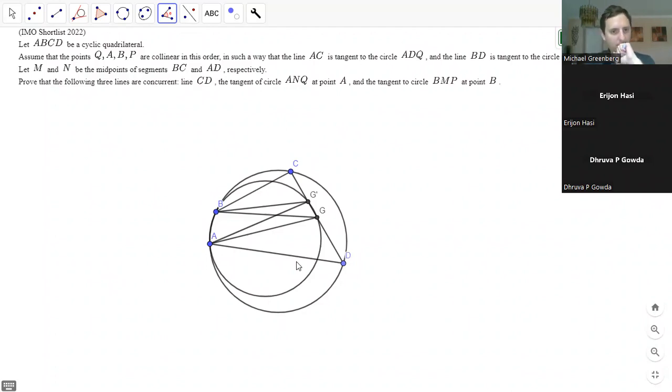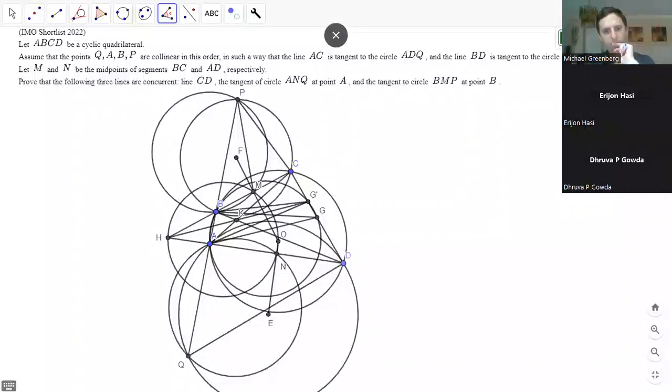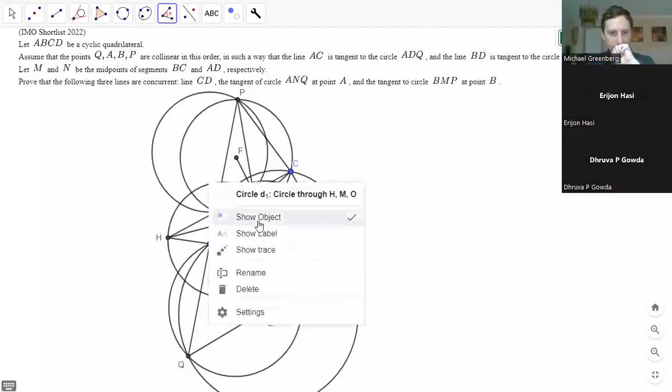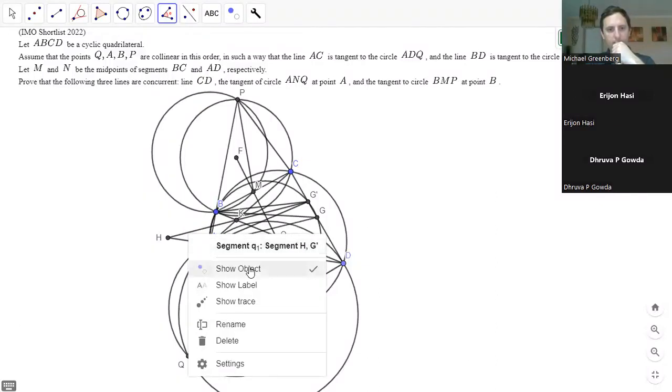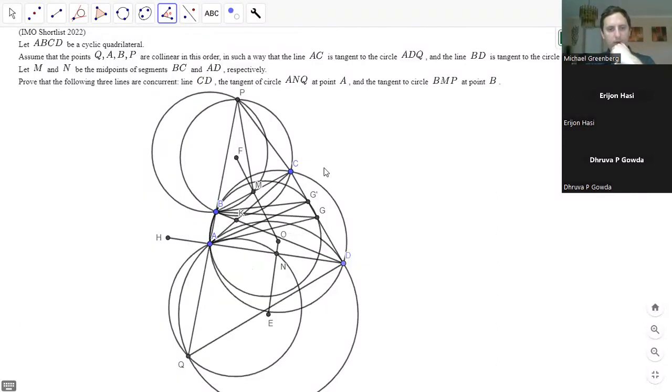Maybe we can get the midpoints and the circles back. Yeah, the P and Q. Maybe I don't need H. Well, I'm not sure.